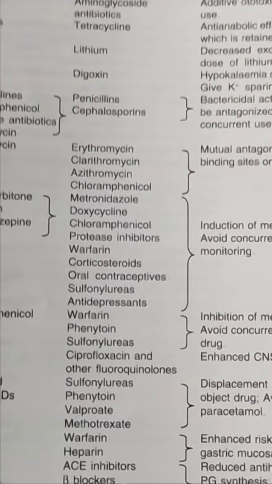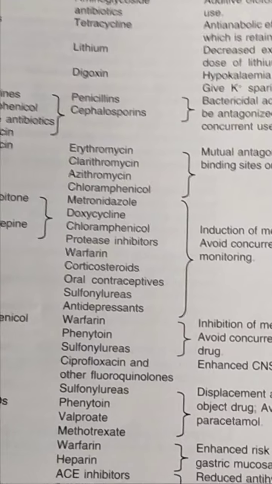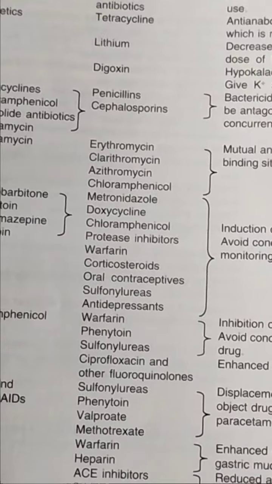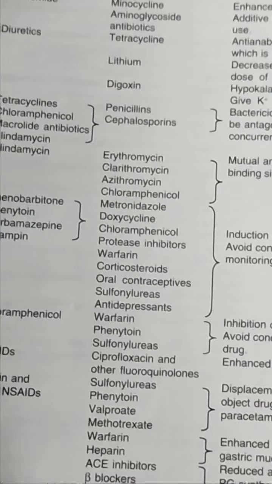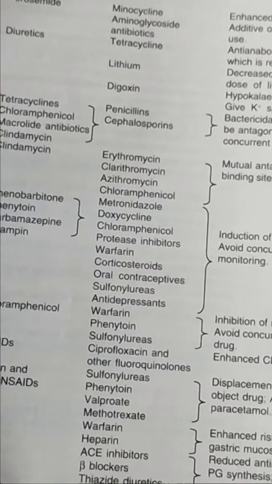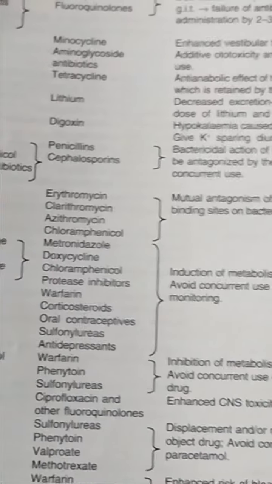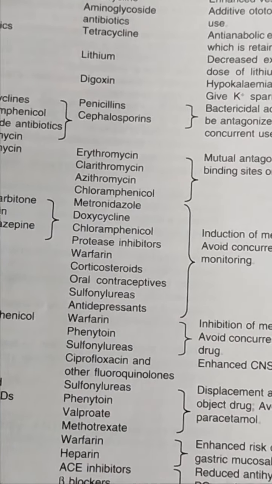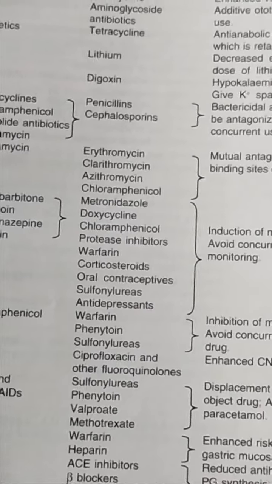This will occur when you take aspirin with spironolactone: reduced potassium-conserving action due to decreased tubular secretion. Chronic alcoholism with paracetamol: when a person has chronic alcoholism and we give paracetamol, hepatotoxicity will occur and the liver will be damaged.